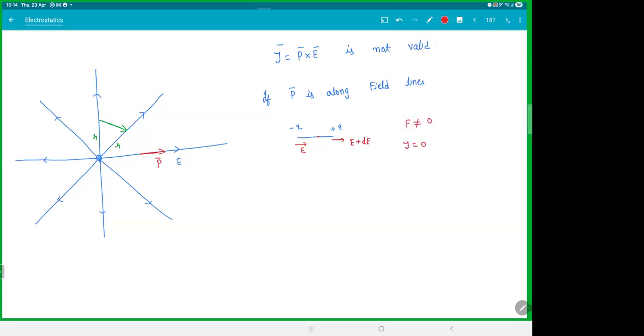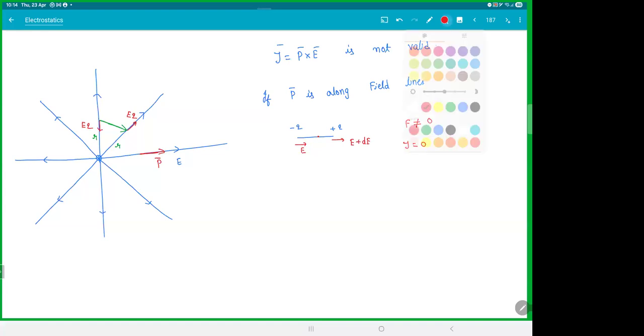Then I will get the same magnitude. This will be EQ and this will be EQ, but the direction won't be opposite. You're getting the problem there. So there is no possibility you can have a zero force anywhere.